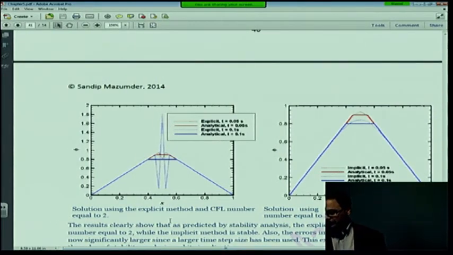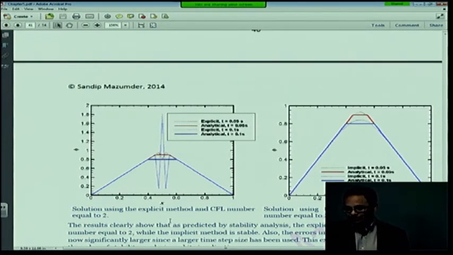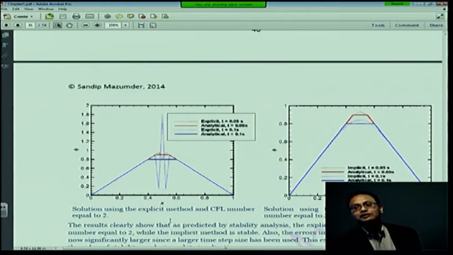But you can see here that at 0.05 seconds and 1 second, two solutions are shown. The solution around the red line has a big wiggle, but it's still stable. But by the time you get to slightly larger times, the solution has just blown up. You get these huge oscillations, and ultimately it'll just start giving you NaNs on your computer.